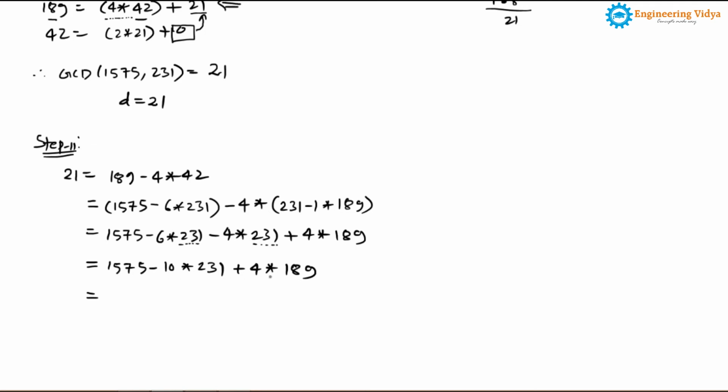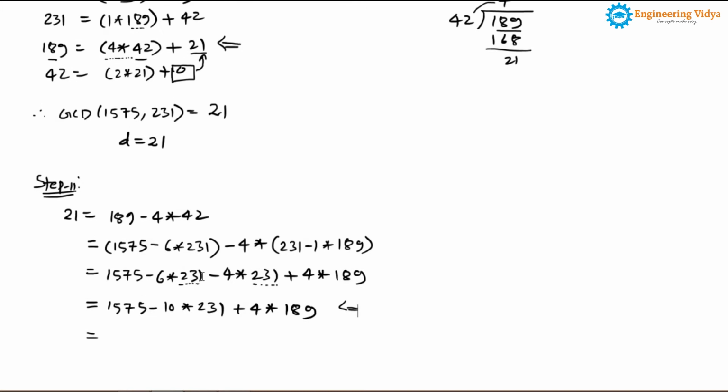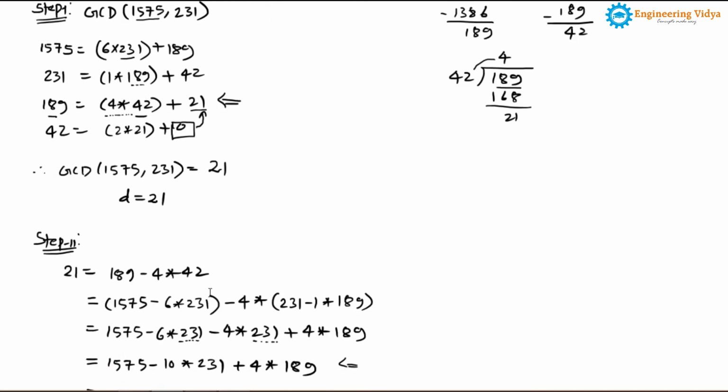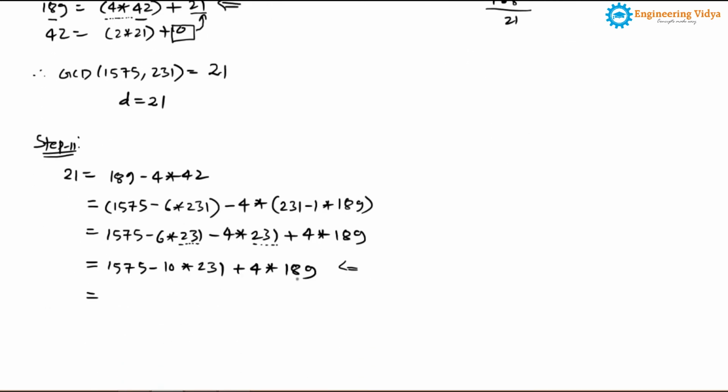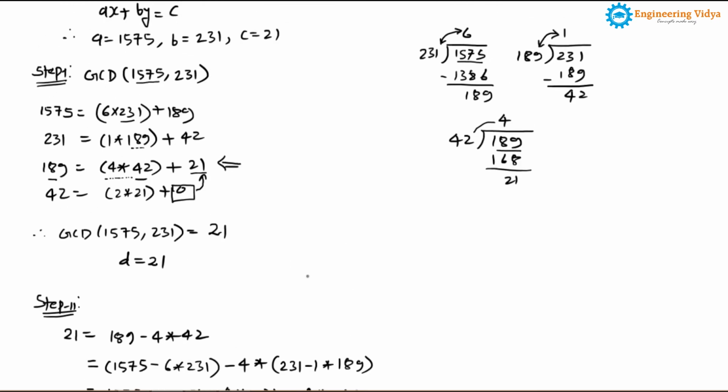So now what we'll do, here we have 1575. I'll check after simplification, do we have a remainder in this equation? This is the latest equation we have now. So in this equation, do we have a remainder? Here we have 1575, which is not a remainder. 231 is also not a remainder, but 189 is a remainder, right? So it means that 189 can be replaced in terms of the other two terms.